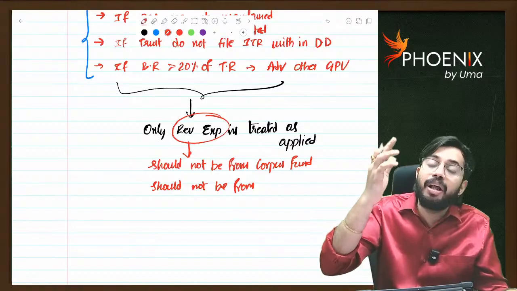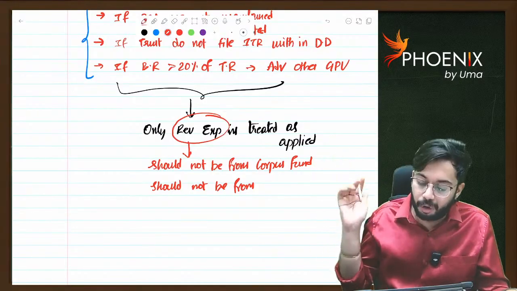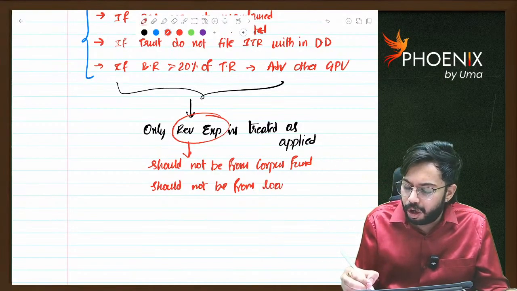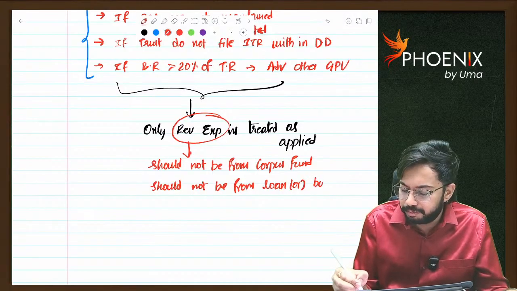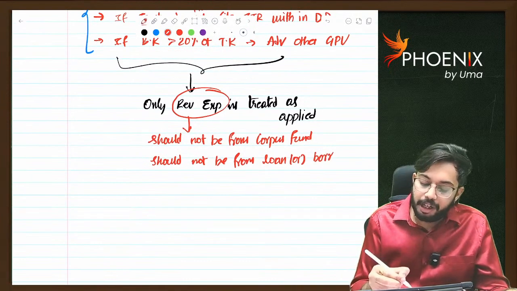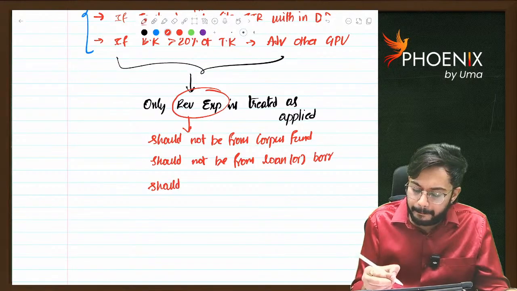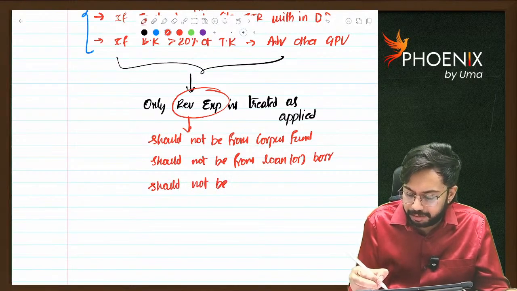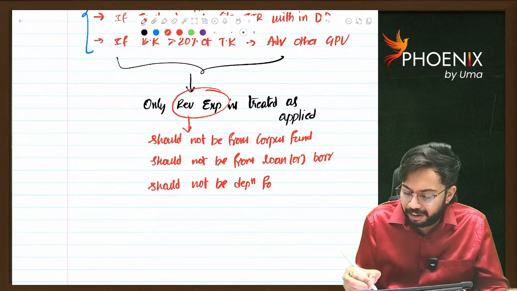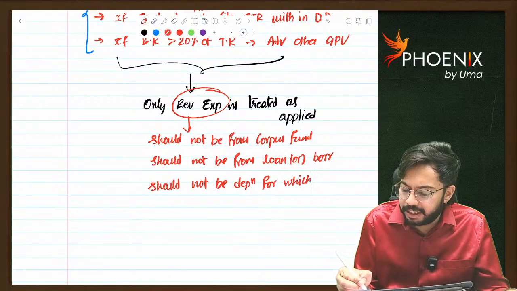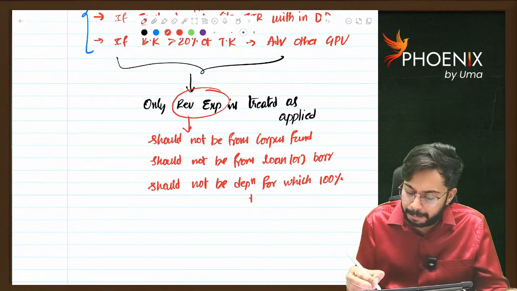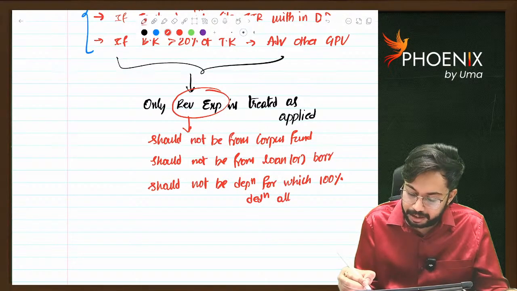It will be allowed in the year in which you repay the loan. So it should not be from loan or borrowing. And it should not be depreciation for which 100% deduction was allowed in earlier years.